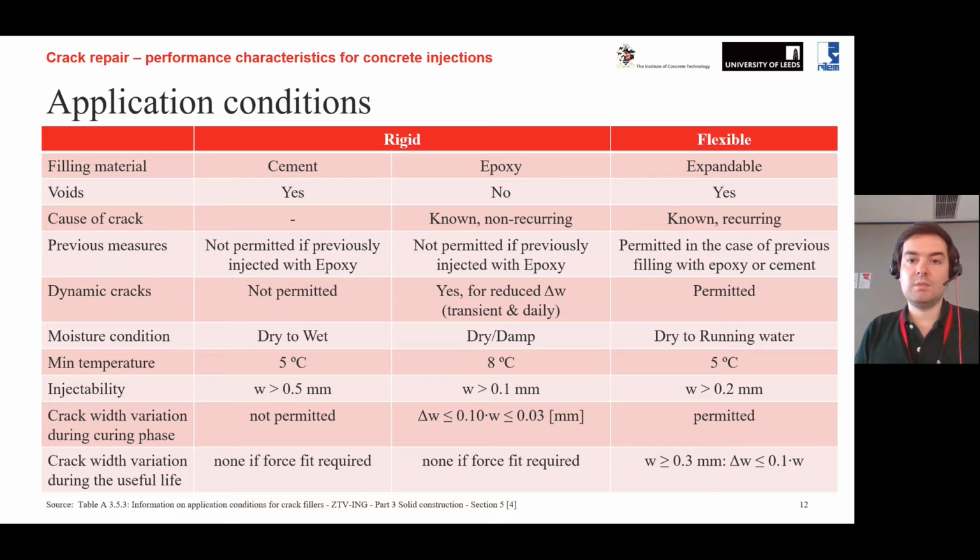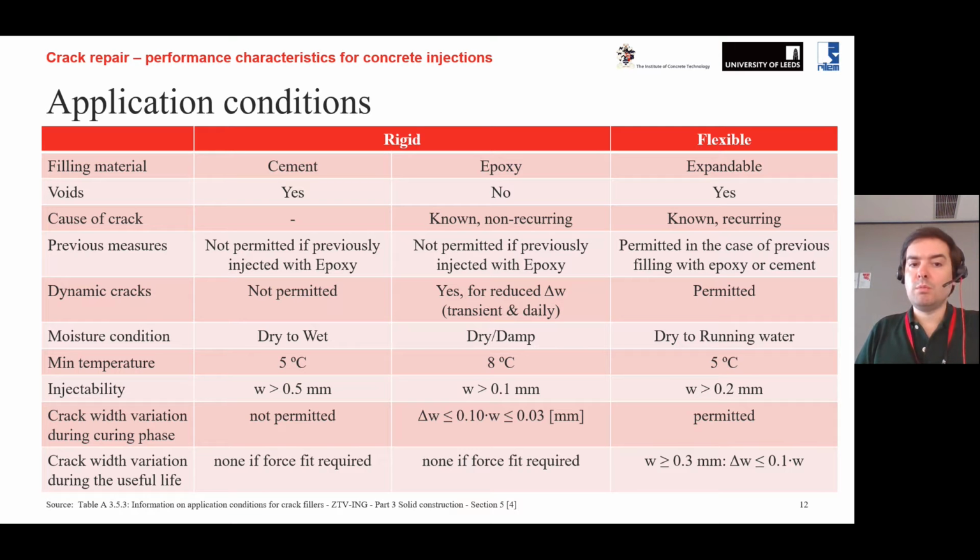But if we have flexible materials such as polyurethanes, of course, this is permitted. Moisture condition, as discussed before, cement can accommodate from dry to wet conditions. Epoxies mostly dry, some damp, and polyurethanes any range from dry to running water, flushing water.